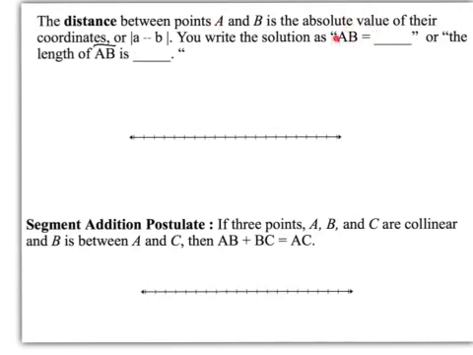Notice that if you're setting it equal to a number, there's no line over AB. When you're talking about the measurement, you just write it as AB. When you're talking about the line segment, you would write it as AB with a line over it. So that's why you can also say the length of line AB is blank.